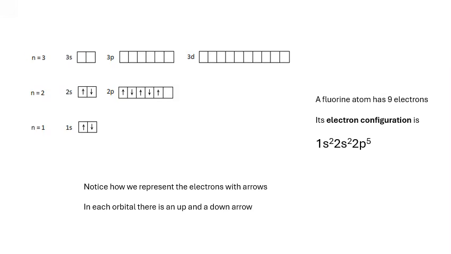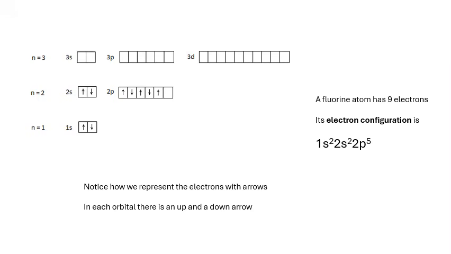Look at this, fluorine. Now these diagrams, electrons in boxes, this is how we can show where the electrons are. So fluorine has got 9 electrons. We say its electron configuration is 1s2, 2s2, 2p5. Now what does that mean?